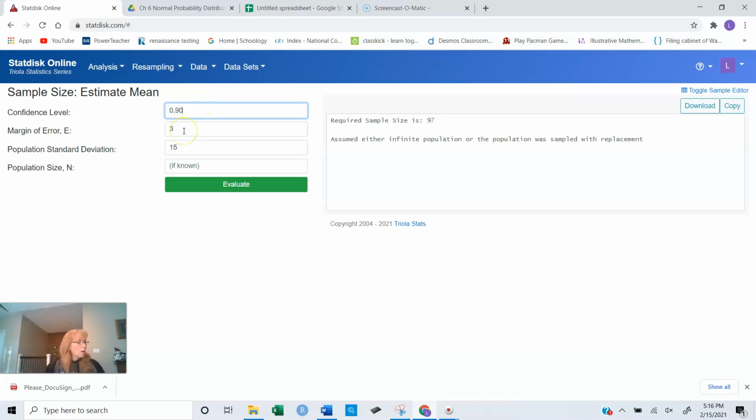Our margin of error was 10. And our population standard deviation, we actually have to calculate that, but the one that I had from earlier was 21.3. Hit evaluate, so yours could be different than mine, and it says I need 13 people.